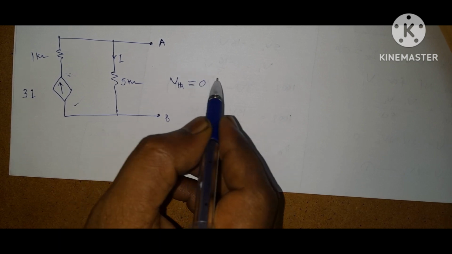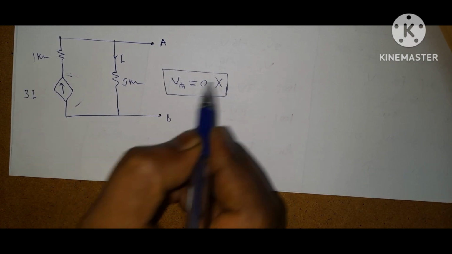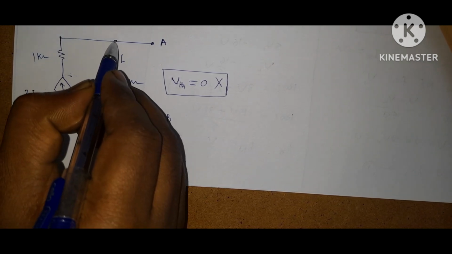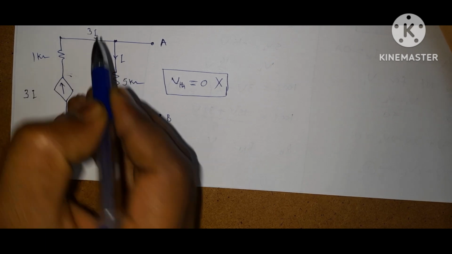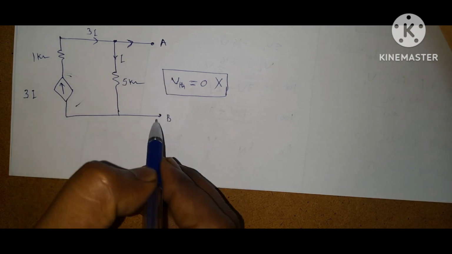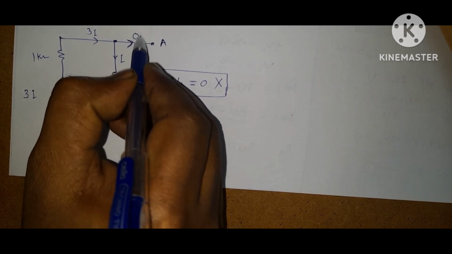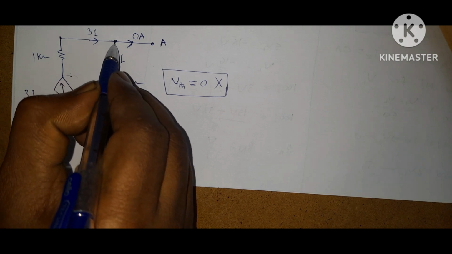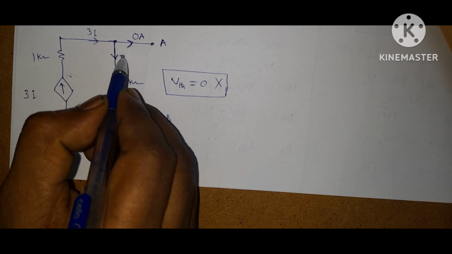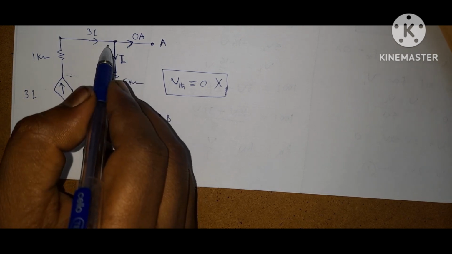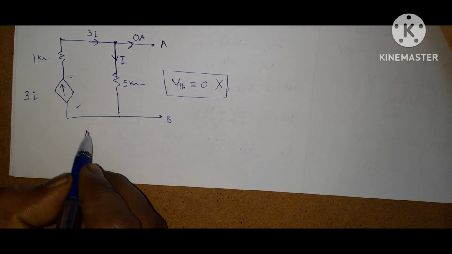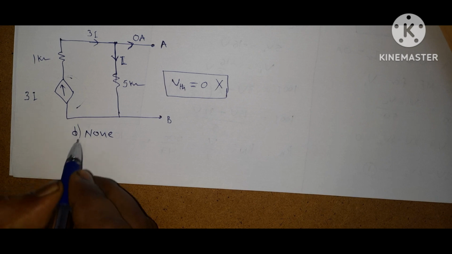Okay, so this is wrong answer, because if you observe this network, here 3I amperes is coming towards this node. Now what is the current flowing through this branch? This branch is open circuit, so it is 0 amps. So the entire current should go through this branch, but here the current is I. That means this is violation of KCL. Physical connection does not exist. So option is none. Option D is correct answer.